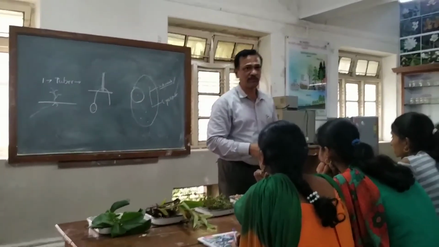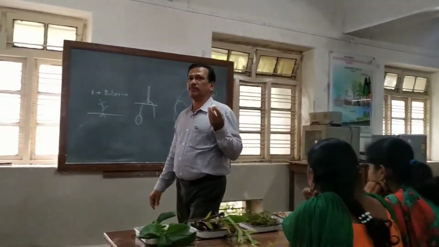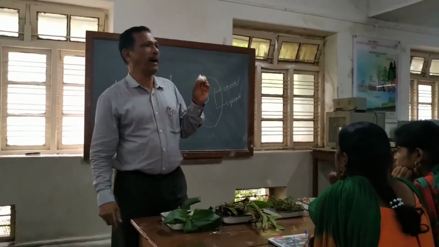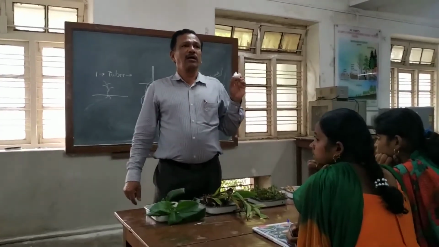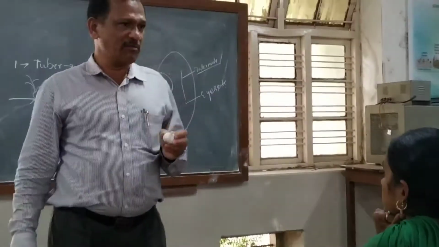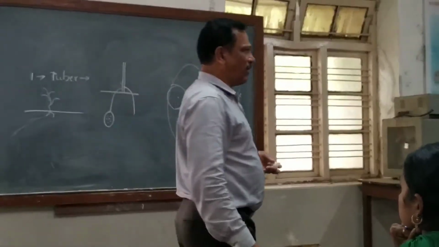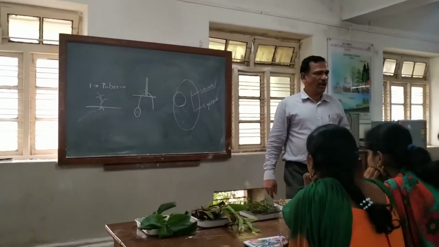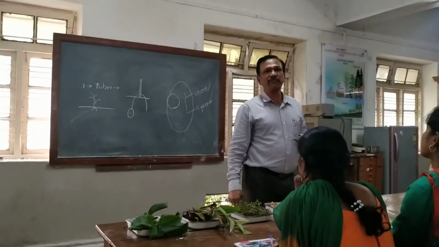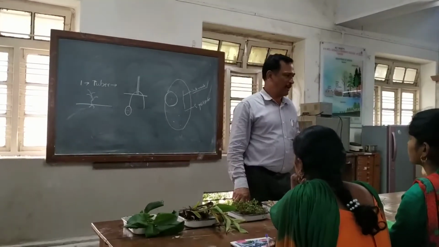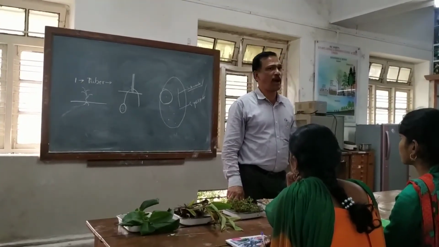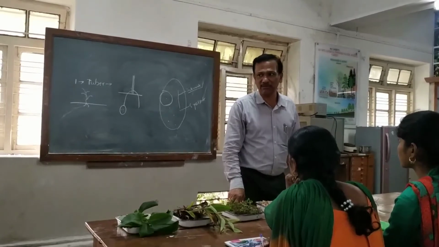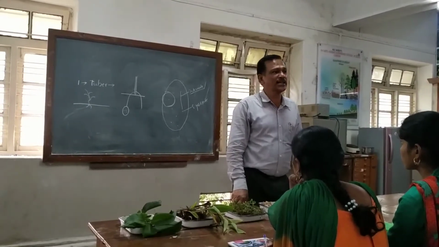The next vegetative propagation is propagation by means of bulb. Usually there are two types of bulbs, which are underground modifications. Usually in the Liliaceae family, one is Allium cepa, that is onion, and this onion is referred to as a concentric bulb.